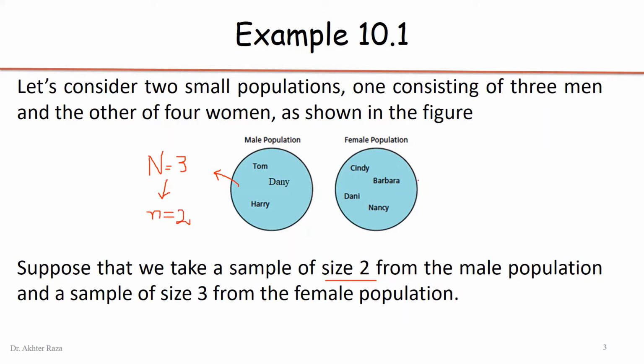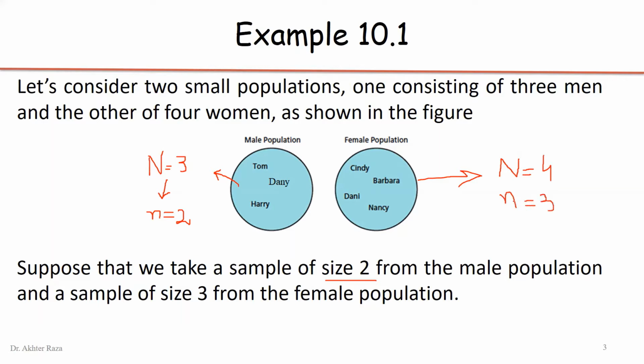From the second population, the population size N is 4, and a sample of size 3 is to be selected from here.